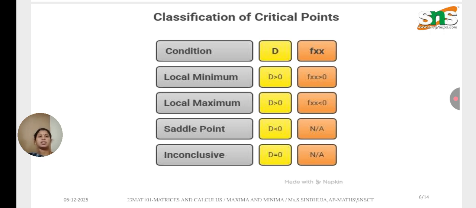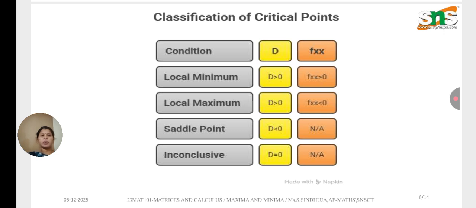In the condition we are going to see the maximum, minimum, saddle point and inconclusive cases. With capital D greater than 0 and fxx greater than 0, it is named a local minimum. If D is greater than 0 and fxx is less than 0, then the condition is a local maximum.